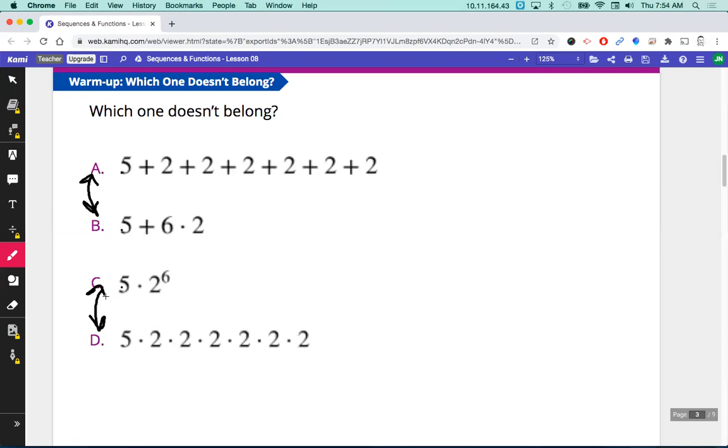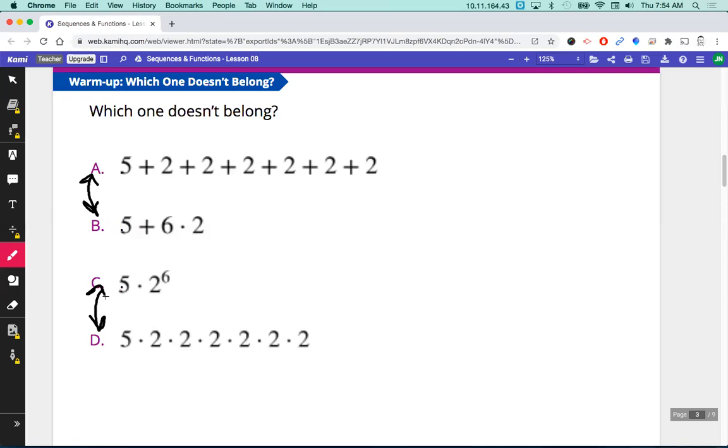If I want to know what the 6th term is, we could do 6 times 2, because there are 6 2s that we're adding. So this is leading us towards what our nth term definition is going to look like. It's going to use some multiplication, even when you're doing an arithmetic sequence.